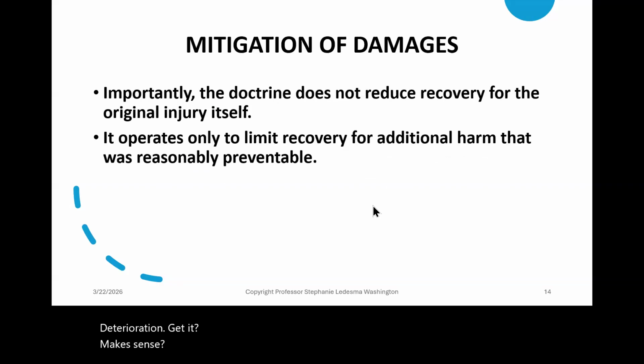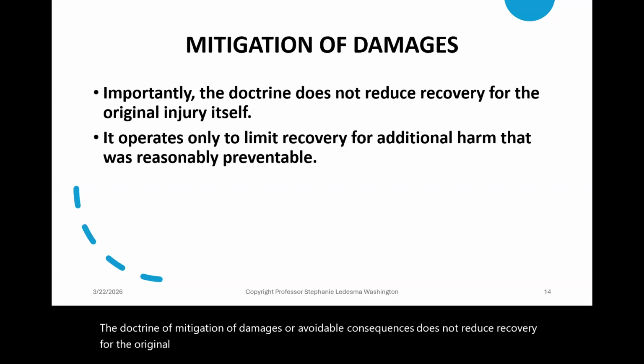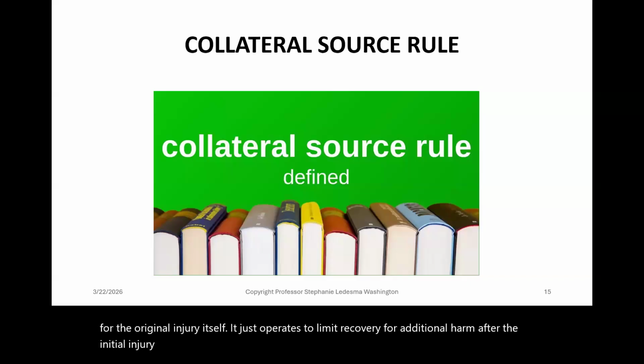All right. Remember this, it's really important. The doctrine of mitigation of damages or avoidable consequences does not reduce recovery for the original injury itself. It just operates to limit recovery for additional harm after the initial injury that could have been prevented. Makes sense, right?